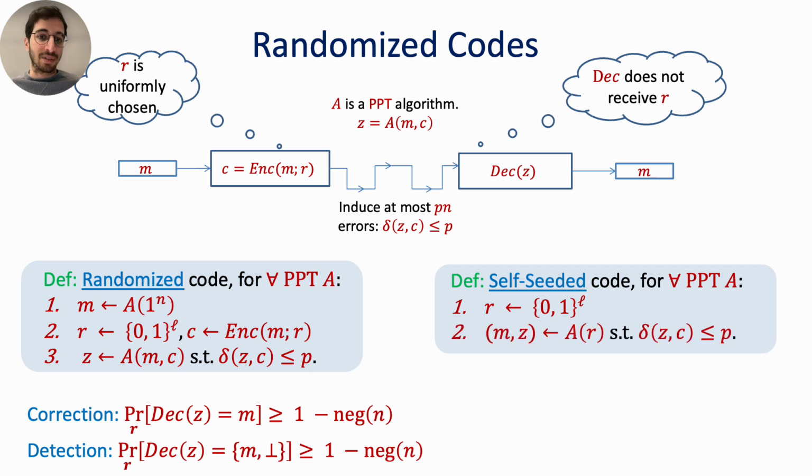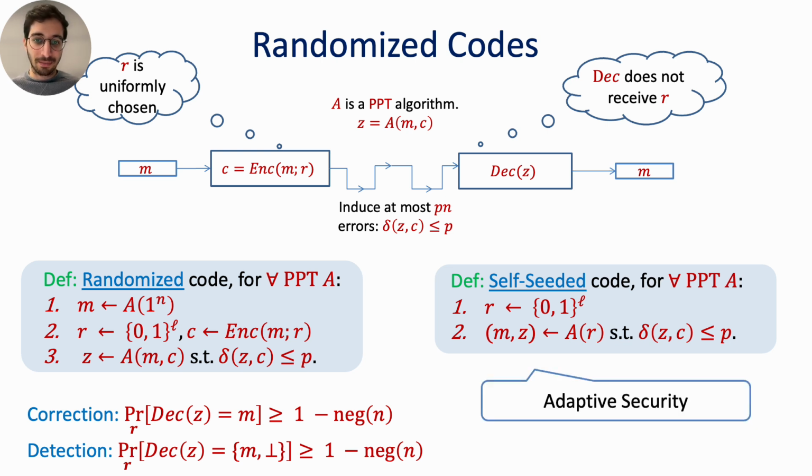Afterwards, the adversary can choose the message and the error pattern it wants to induce, so that Z, the string that the other party receives, is at most p distance from the original code word. Note here that this is an adaptive notion, and this stronger notion implies the randomized notion. So self-seeded codes are a stronger variant of randomized codes, and they give you an adaptive notion of security.